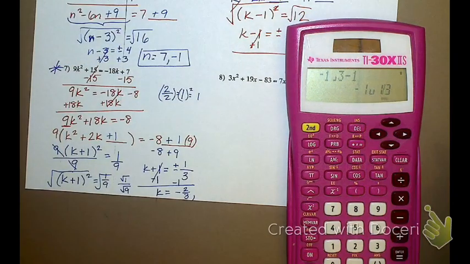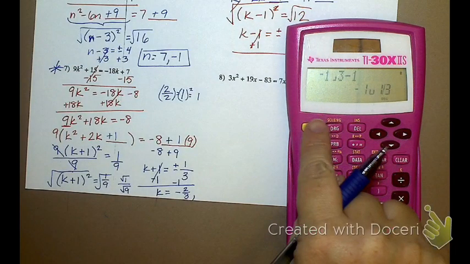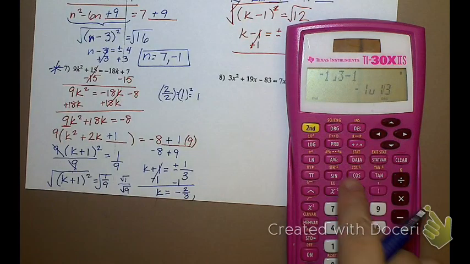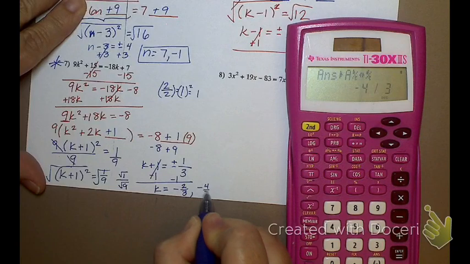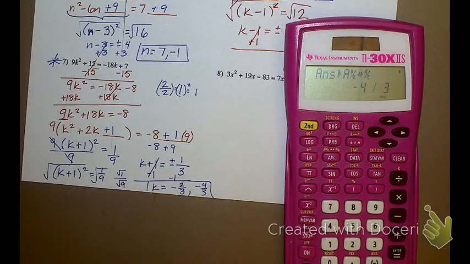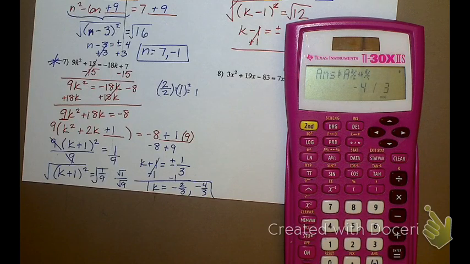How do I change that into an improper fraction? Hit second and your fraction button again, and then you get negative 4/3. Okay? I know it's a mess, but you can do it. You just need to practice, right?